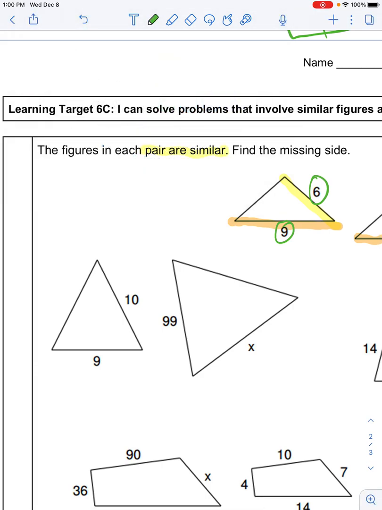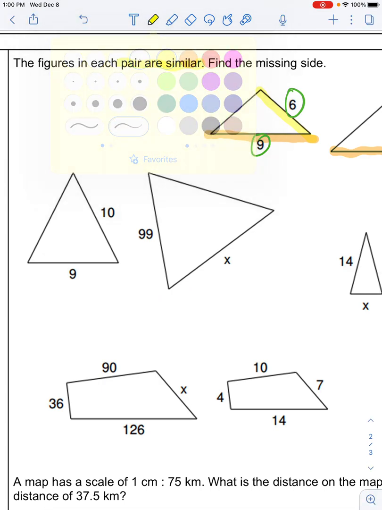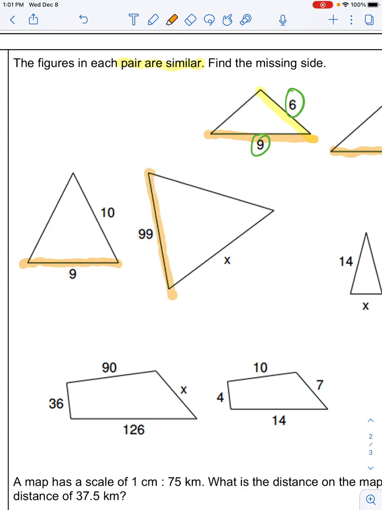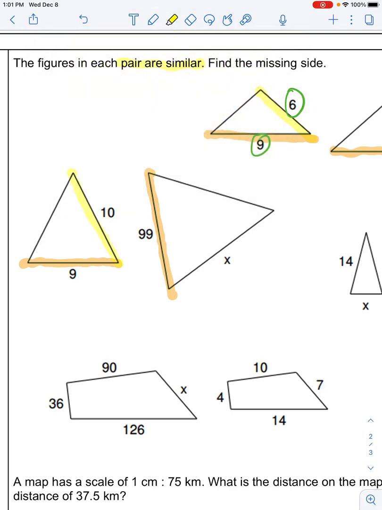I'll set it up slightly different. For this one, I'm going to use the scale factor. So again, if I look at these sides and I say, all right, right here, I have 9, and that's going to correspond to 99. And then I also have to figure out, well, what's 10? How does that compare to x?